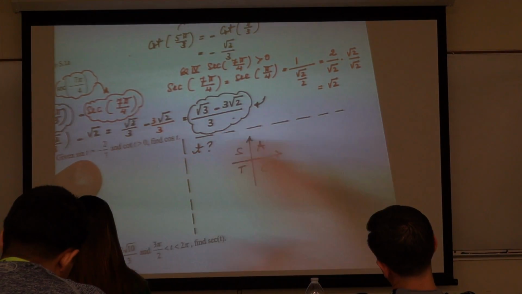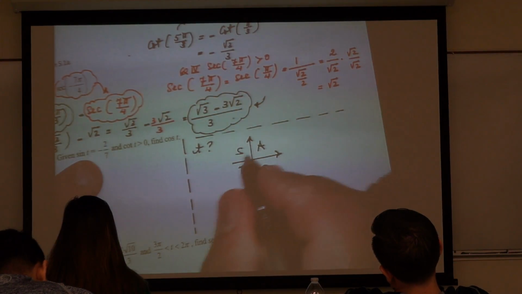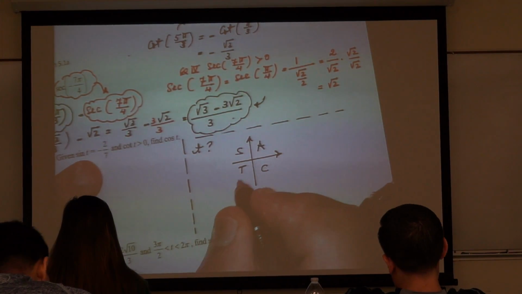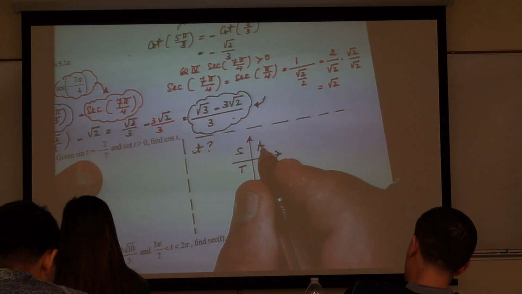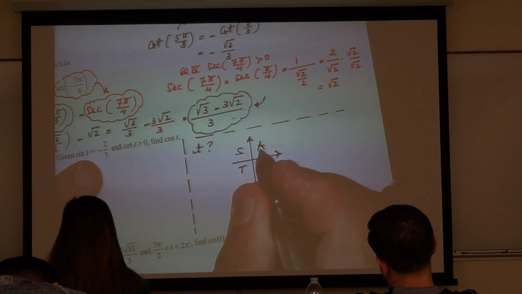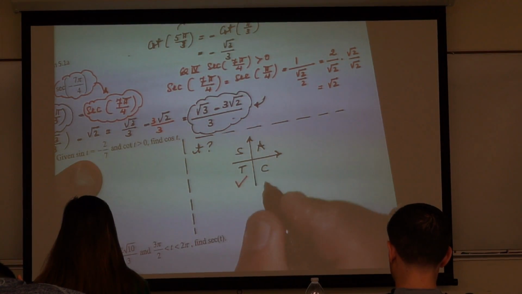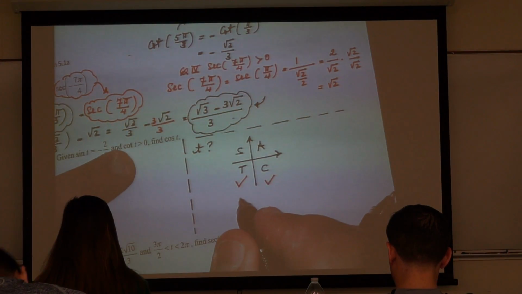Where is sine t negative? Sine t is negative in quadrants 3 and 4. All are positive in the first quadrant, and sine is positive in the second. Also, cotangent t is positive.